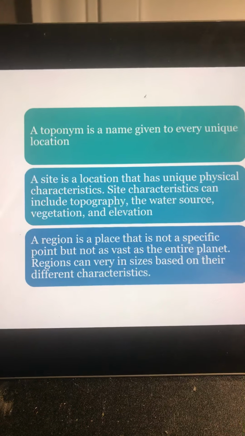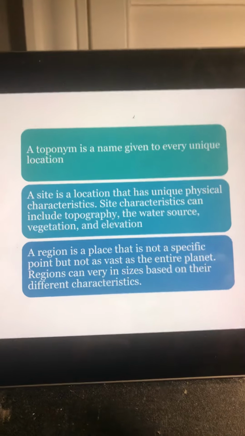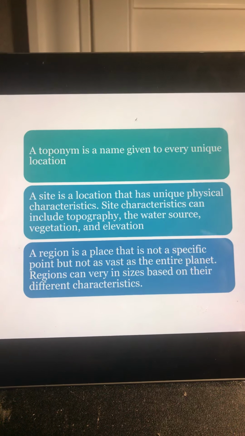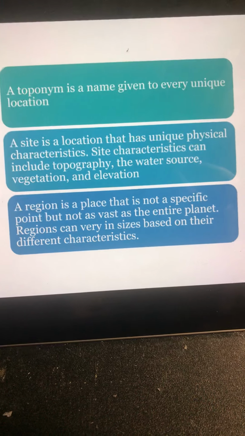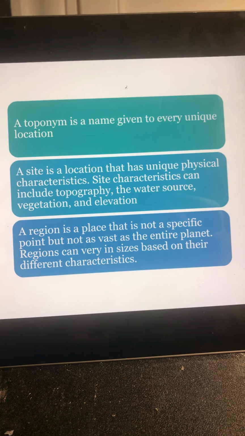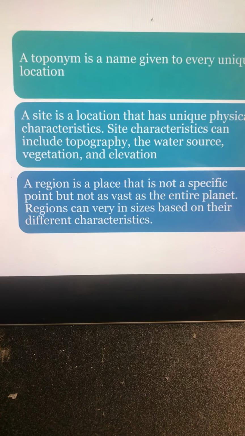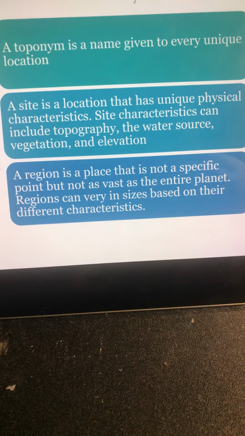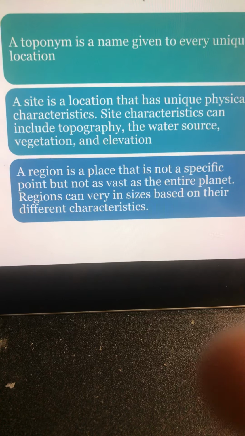A site is a location that has a unique physical characteristic, such as topography, a water source, vegetation, or elevation. And a region is a place that's not really specific. It's not as specific as a point, but it's also not the entire planet. Regions can be characterized by many different things. Some regions can also vary depending on what you're measuring them by.